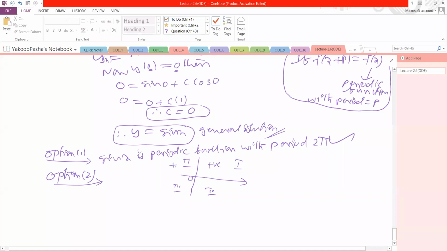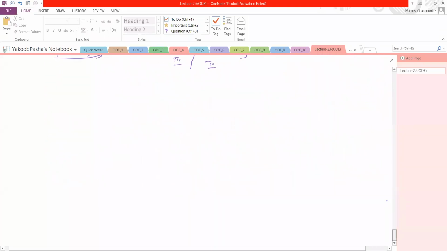In the second quadrant, sine is positive, and its inverse cosec is also positive. In the open interval 0, pi, sin x is always positive. So the second option is also correct. And now we go for the third option.